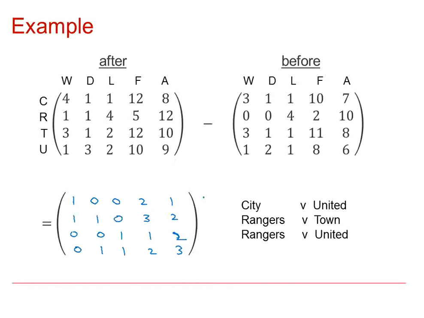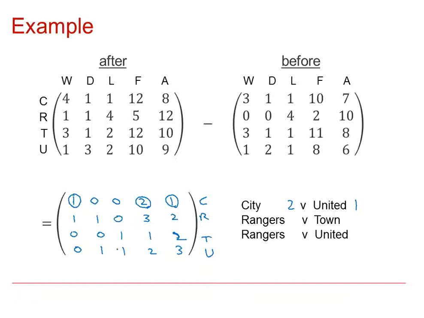So these are the results of the last 3 games for City, Rangers, Town and United. So if you look at the top row, we know that City only played 1 game, so this is their 1 game which they won, and they scored 2 goals for and only 1 goal against, so they must have been City 2, United 1.